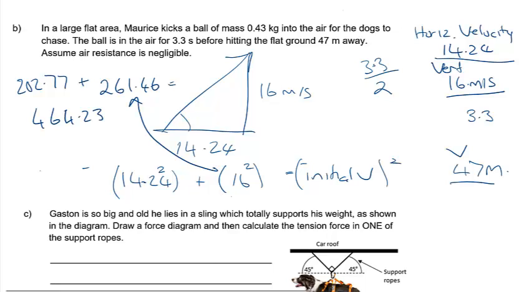That's your answer. So if you take the square root of that, because it's that number squared, that should give you your velocity, and that's 21.54 meters per second, which you can round if you choose.